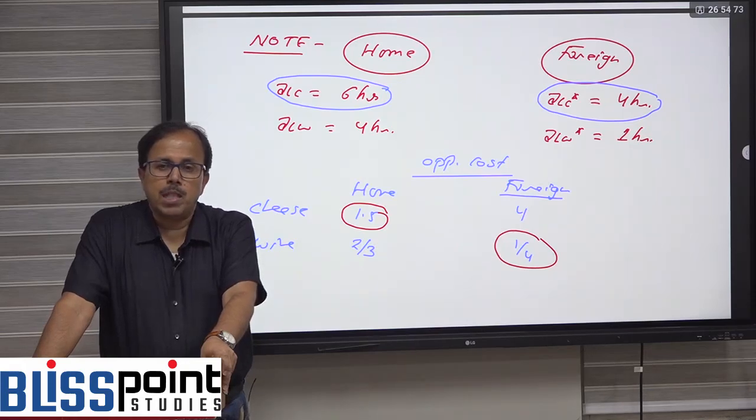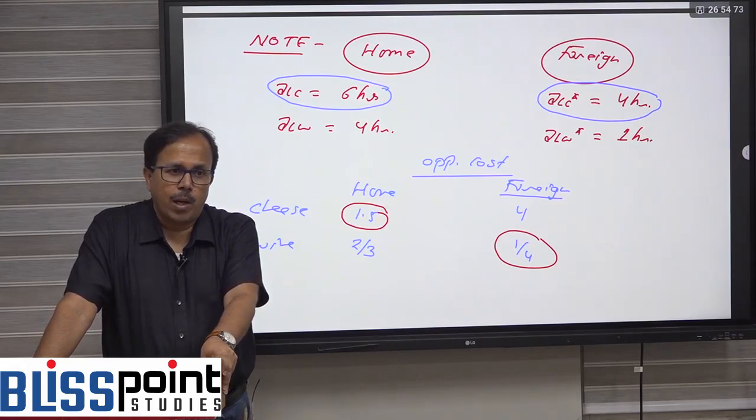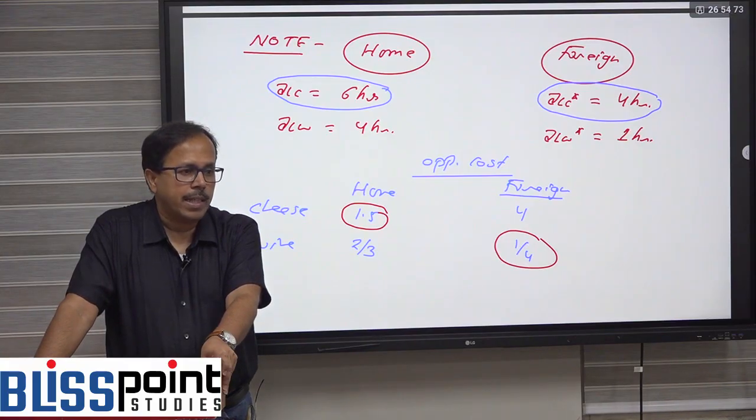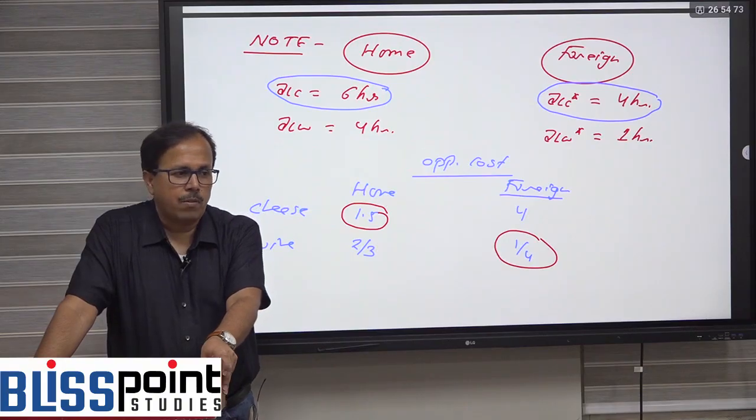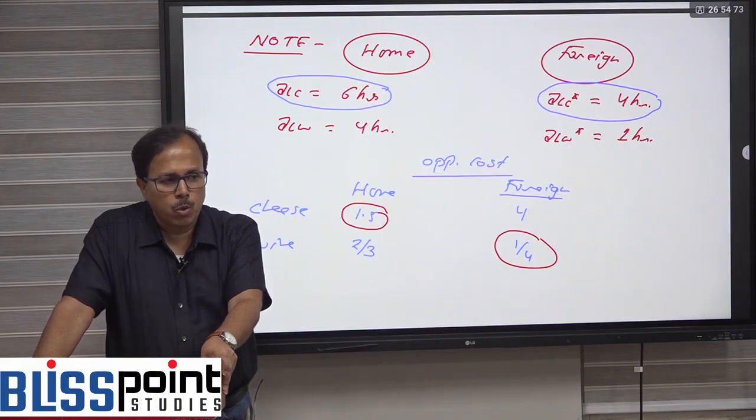So Ricardo basically suggested that even if one country has absolute advantage in both lines of production, still there will be a possibility of trade, because trade happens on the basis of comparative cost advantage, not on the basis of absolute cost advantage.